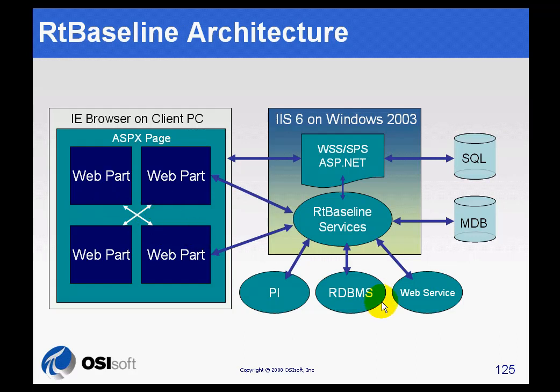So we'll see the configuration in a little bit, but let me summarize by saying, when you're working with RtBaseline Services, you're going to be in a web browser configuring the activity of something called RtBaseline Services, which manages connections to Pi, manages the connectivity or facilitates the connectivity between these SharePoint components and the Pi database and the relational databases and the web services that you've configured your users to be able to see.